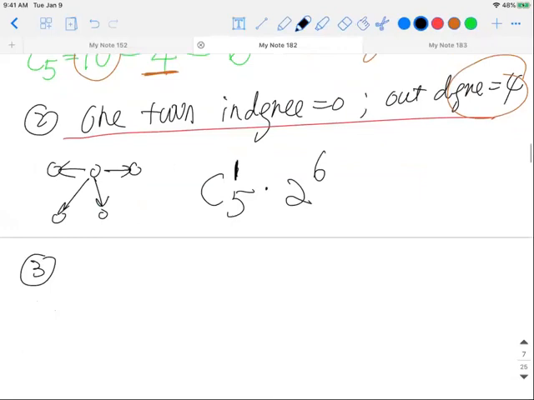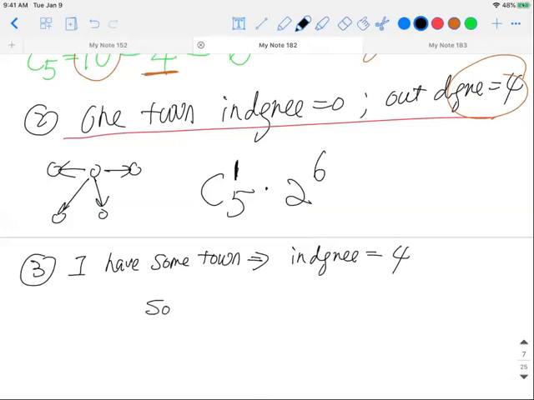I have some terms, their in degree is equal to 4. I also have some terms, their out degree is 4. They are existing at the same time.